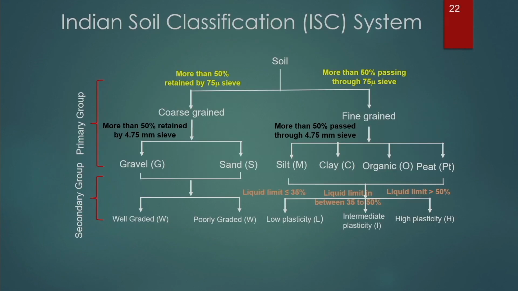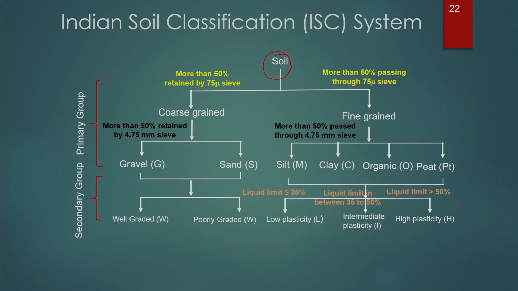Next we will talk about the Indian soil classification system. The Indian soil classification system takes two things into account. First is the soil gradation, particle size and its plasticity behavior. Say when we take a soil, first we need to determine what is the higher content in it, whether it is coarse grained or fine grained.